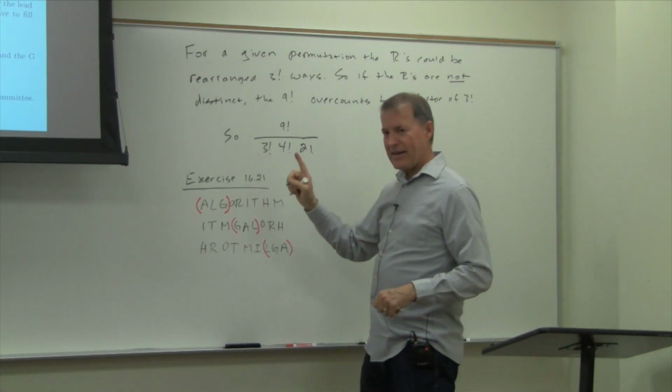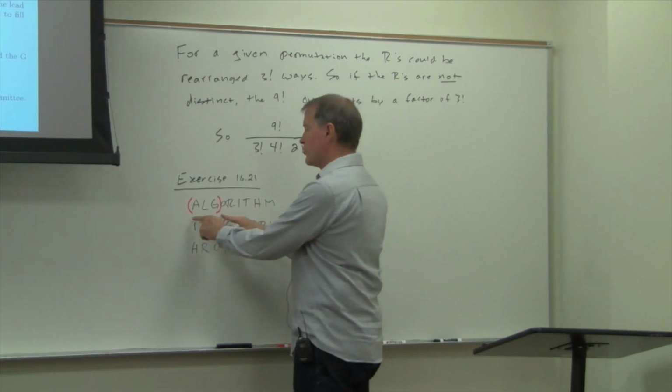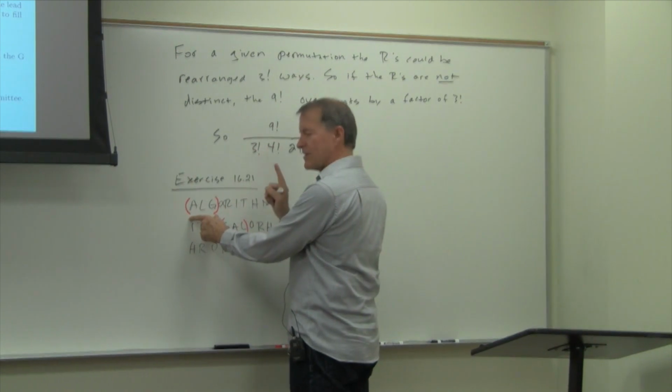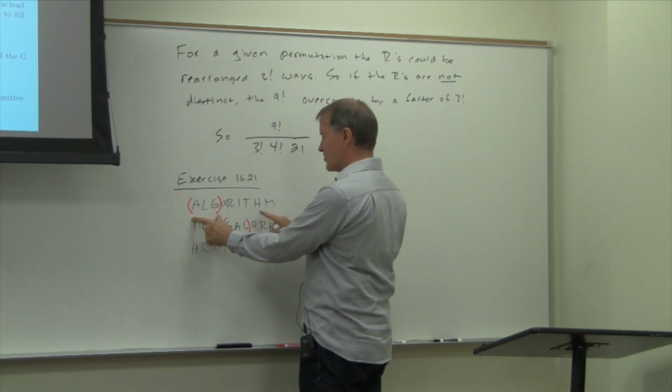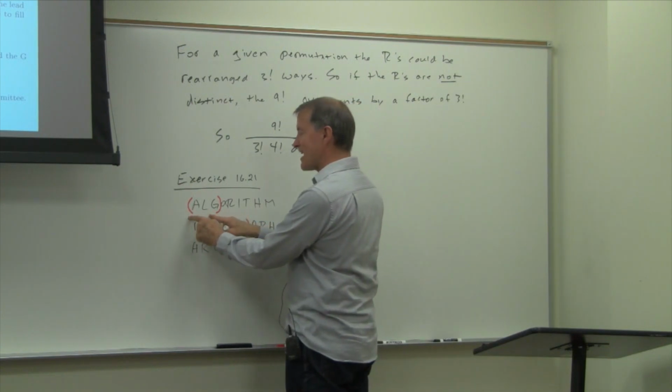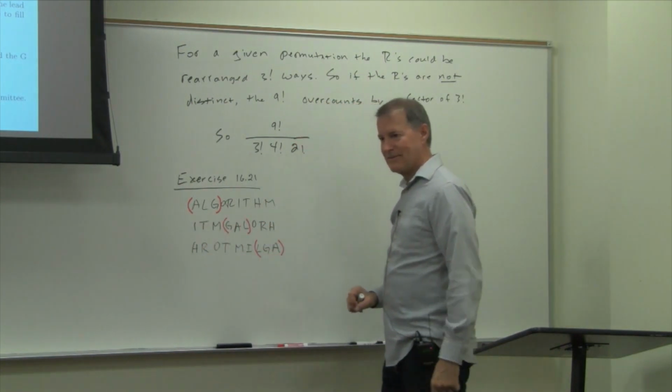So the insight is this. You consider this to be one letter. If you consider this to be one letter, then we would have a word with 1, 2, 3, 4, 5, 6, 7 letters, right?